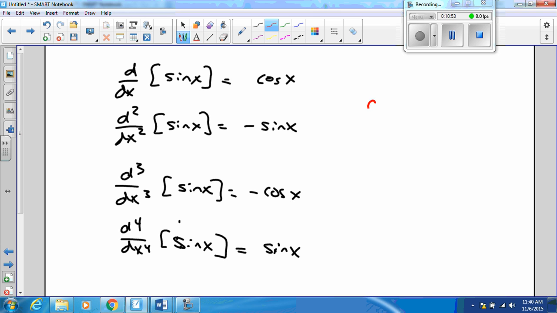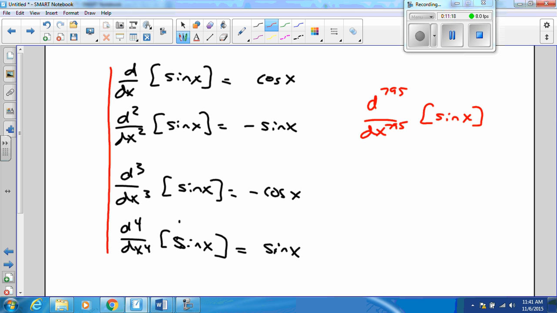For example, what is the 795th derivative of sine x? Well, I can tell you the wrong way to do this problem. But what if I could leverage my pattern right here by observing that my pattern has a length of how many? 4.